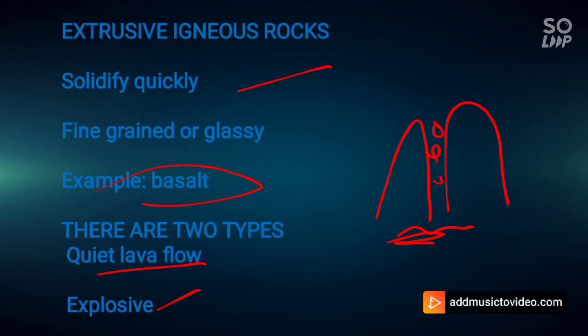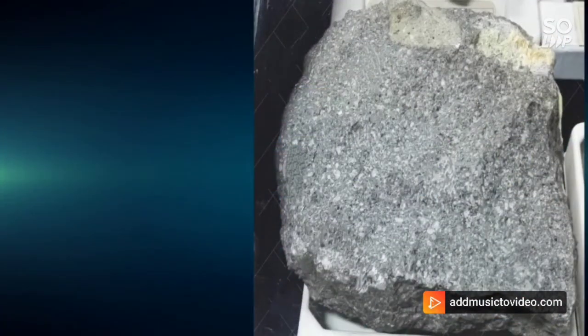So whichever rock particles, big fragments of rocks are there, they will come out. It will be a burst kind or an explosive type. If you see extrusive igneous rocks, very fine grains, but when you saw intrusive igneous rocks, you were able to identify the difference.